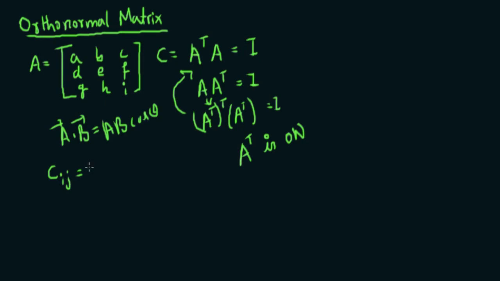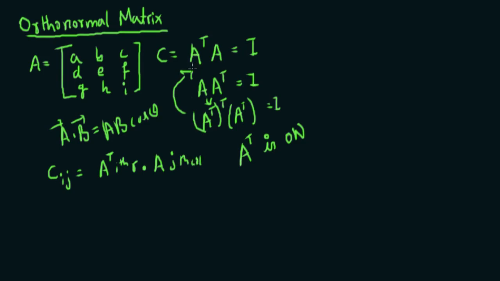If you know the definition of matrix multiplication, the ijth entry of the product is basically the ith row of the first matrix, A transpose's ith row, dotted with A's jth column, right?